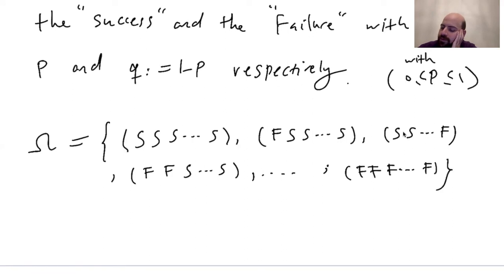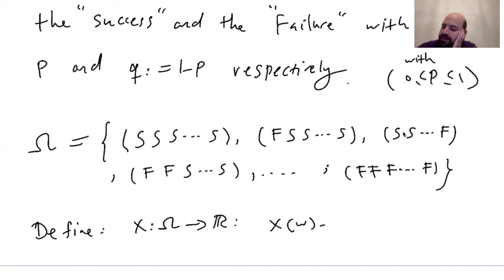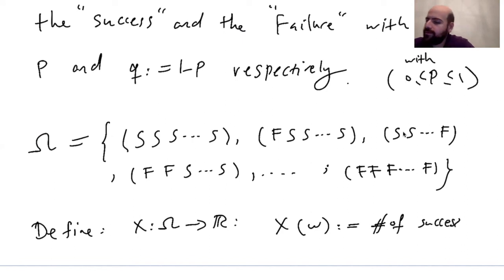Okay, so this is our omega. Now define X from omega to R by X of omega being the number of successes in omega.